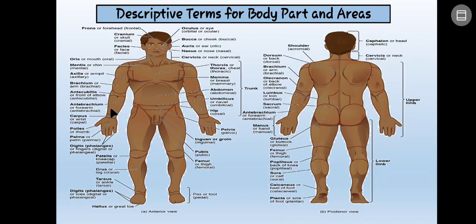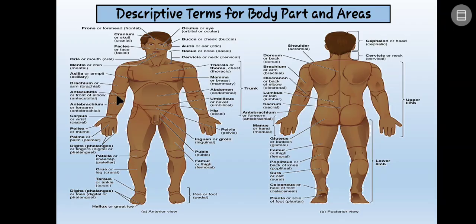Okay, this is what we refer to as the forearm. This region is the forearm. So in between the arm and the forearm, we have the antecubital. And then behind the antecubital we have the posterior cubital.